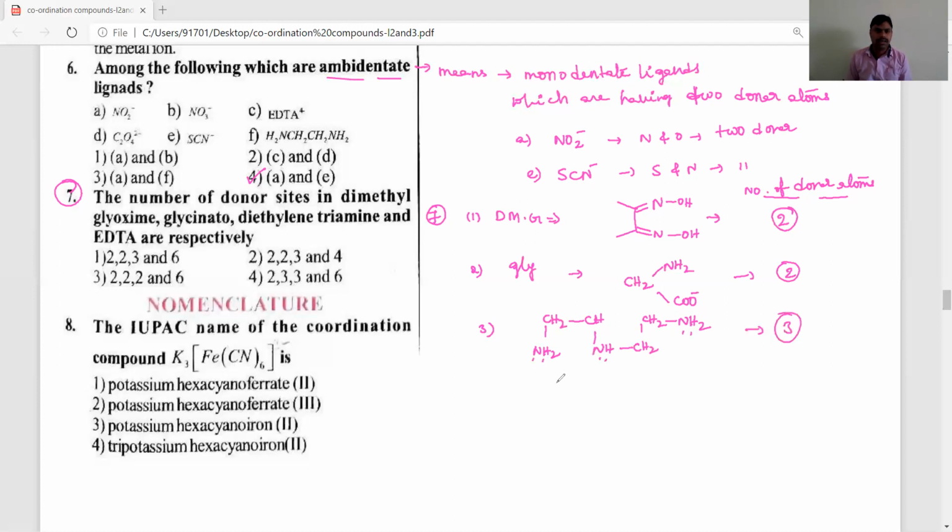The last one is EDTA, ethylene diamine tetraacetate. EDTA has six donor atoms present. It is a hexadentate ligand.